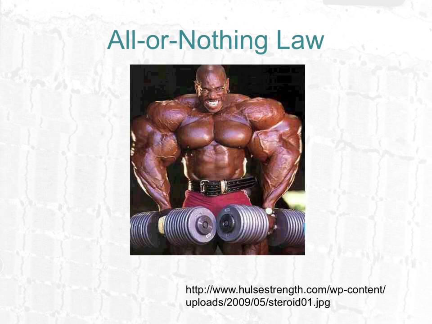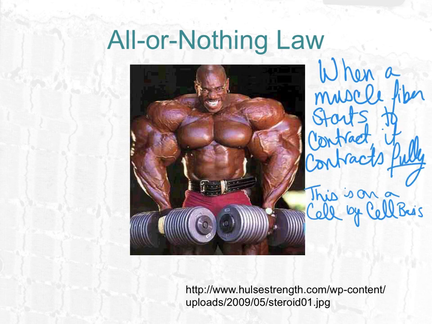The all or nothing law, when we think about it, means that when a muscle fiber starts to contract, so it gets the signal and the action potential starts to propagate down the membrane, that particular muscle fiber will contract fully.